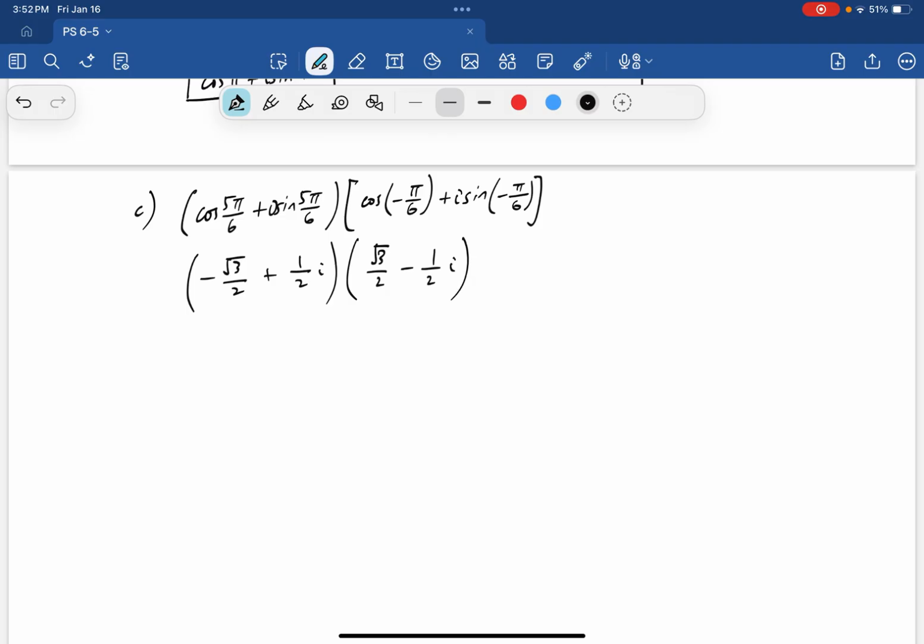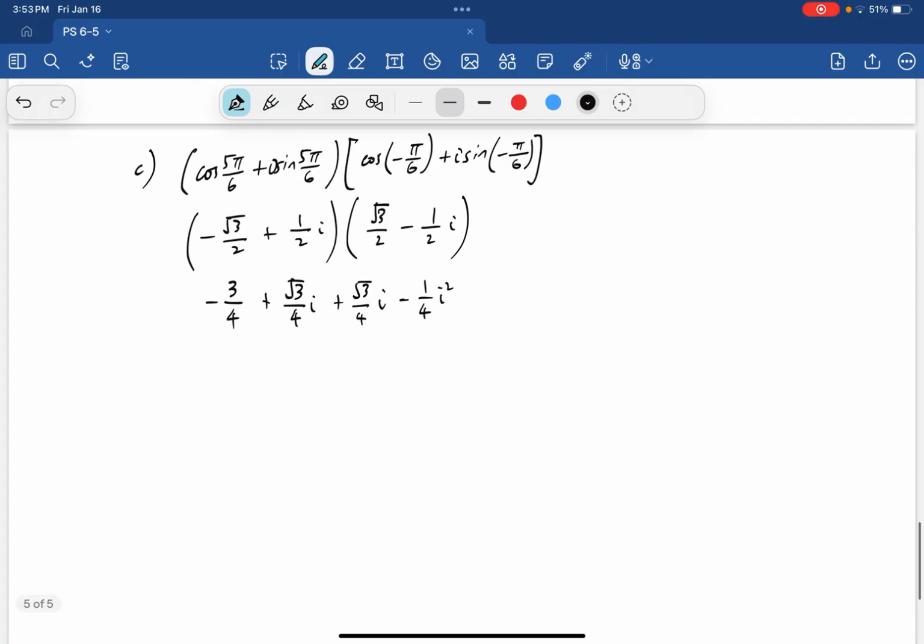All right, what is this going to give us? Let's expand it. We have negative 3/4 plus root 3 over 4i plus root 3 over 4i minus 1/4 I squared. Minus 1/4 I squared is positive 1/4, so we have negative 1/2 plus root 3 over 2i.